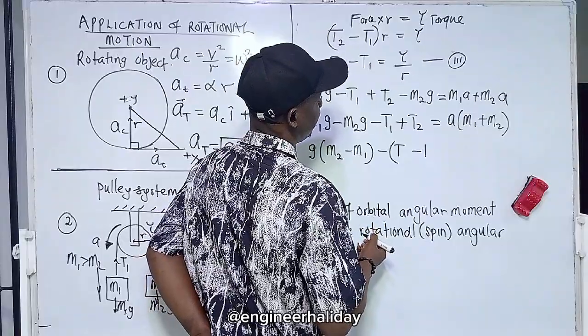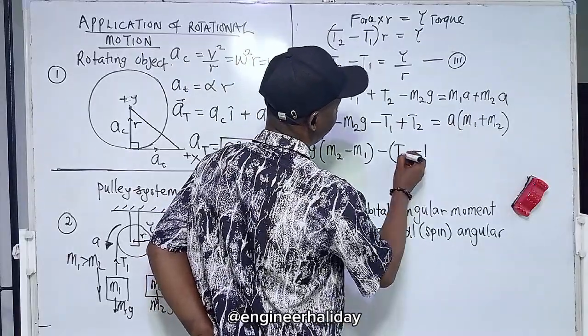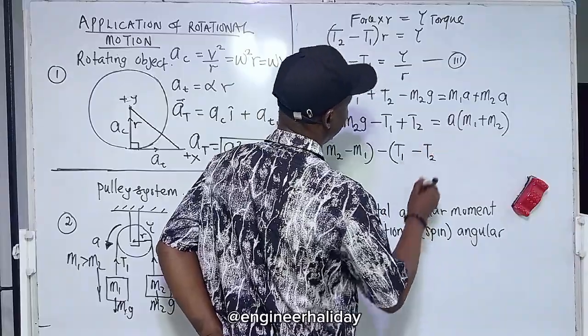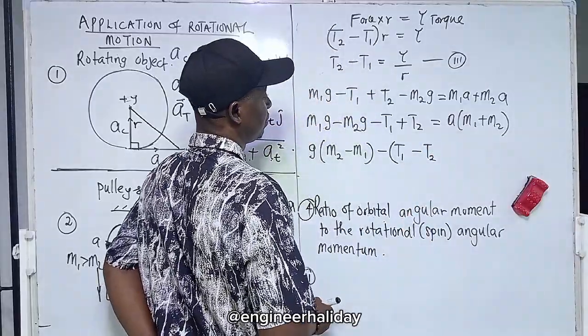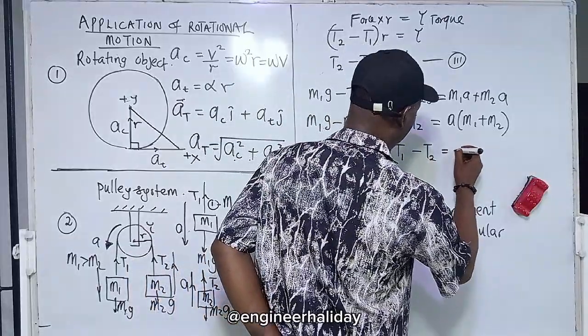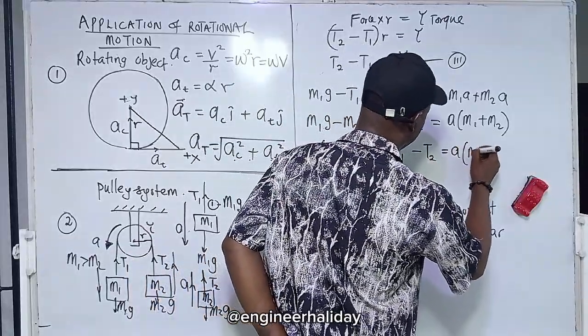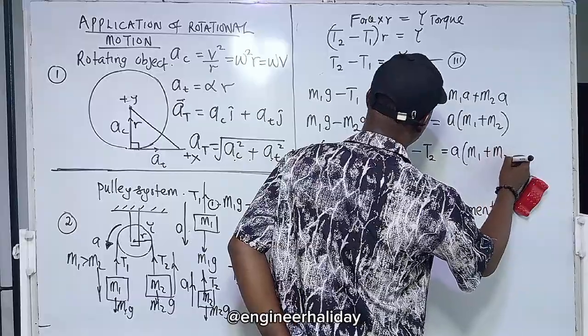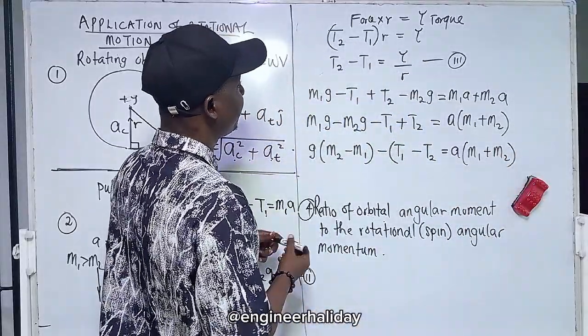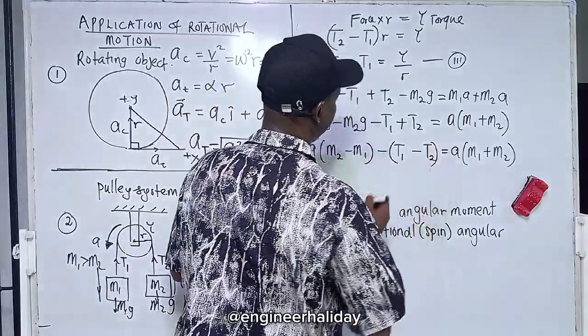That is T1 minus T2. Is it not true? That's what I would have. It's equal to A into bracket M1 plus M2.